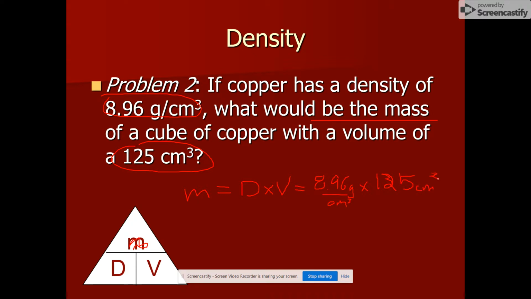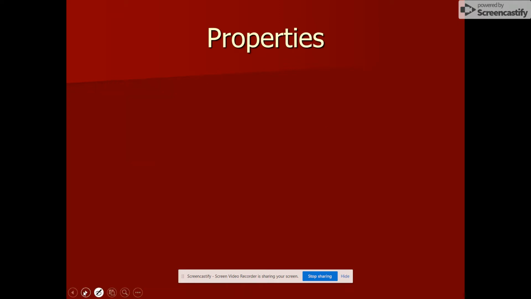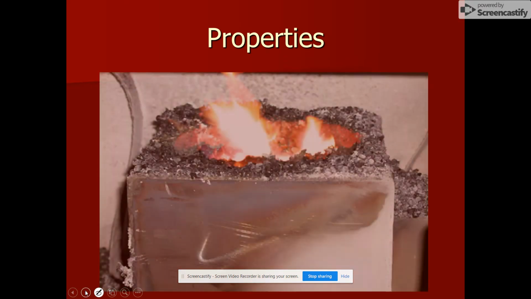And you'll notice I have centimeters cubed on the bottom here, and that cancels the one on the top here. So I'm going to do 8.96 multiplied by 125. And when I do that, I get 1120, and I'm left with grams. So my mass is 1120 grams.